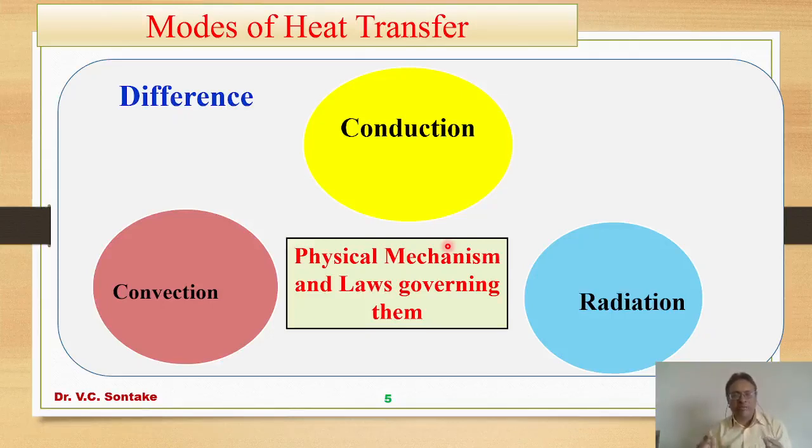When these parameters are grouped into mathematical form, they form a mathematical equation, and that equation is known as the law of heat transfer. So the first difference between these three modes of heat transfer is the physical mechanism, and the second is that the laws governing them are also different.